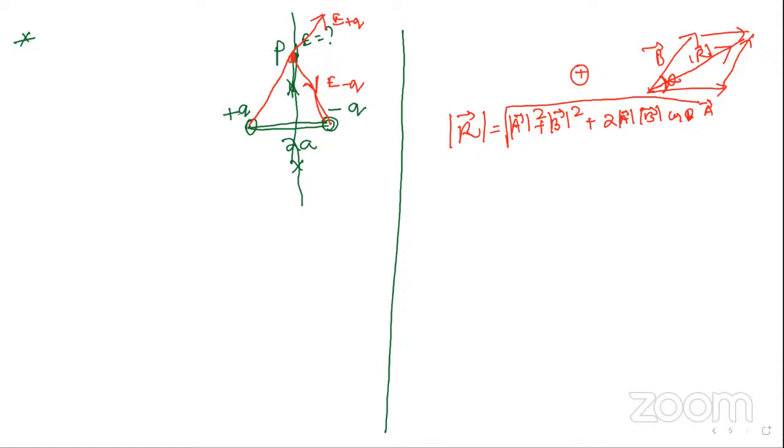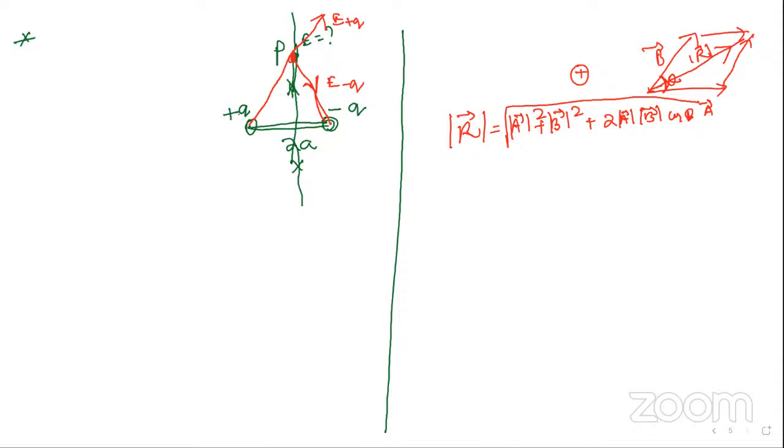Are you getting? Can you correlate with parallelogram law here? Yes, Tanisha. Yes, sir. In the first class, I have told you about parallelogram law, right? So here we are using parallelogram law.